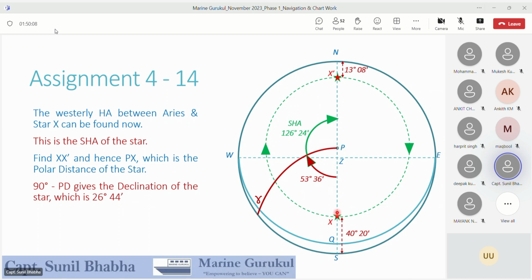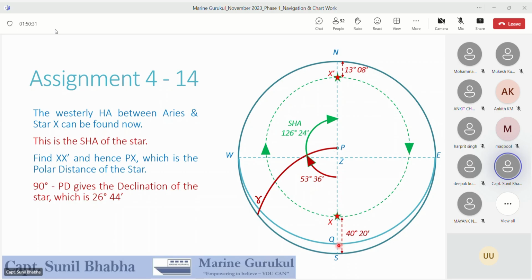So Px or Px dash, both representing the radius of the circle, give me the polar distance of the star. Now we know 90 minus polar distance gives us the declination of the star.